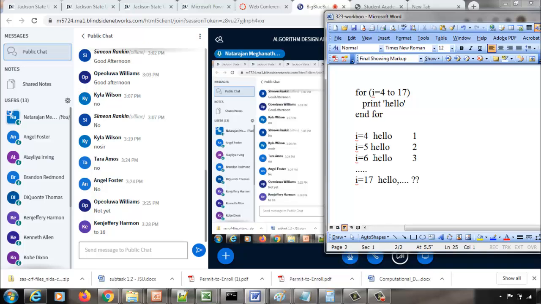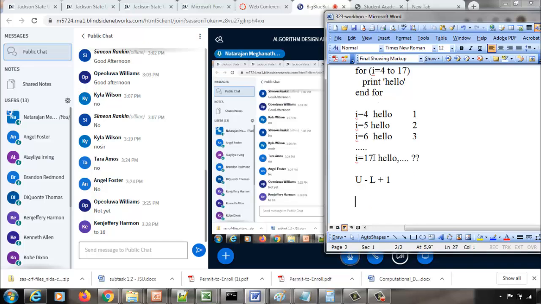The simple way to look at it is using a formula, which gives the same result as counting: upper limit minus lower limit plus 1. So the upper limit is 17 minus lower limit 4 plus 1. You start from i equals 4 going up to i equals 17, including 17, which is why you do plus 1.